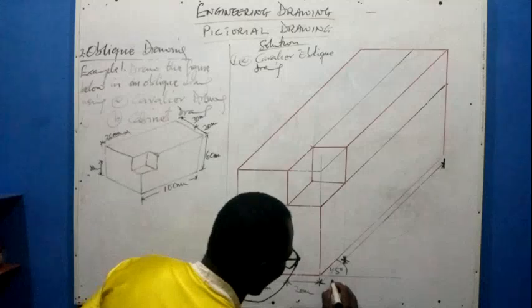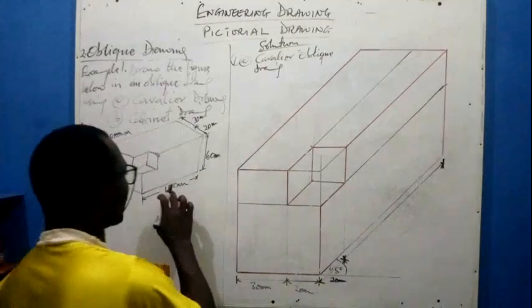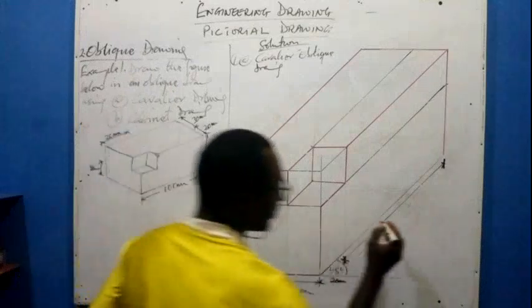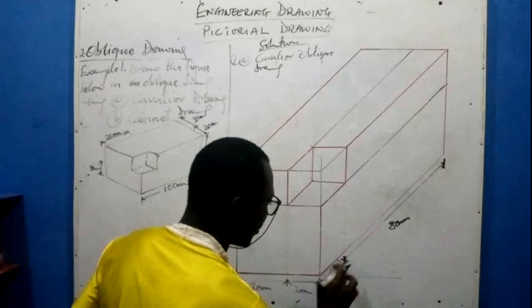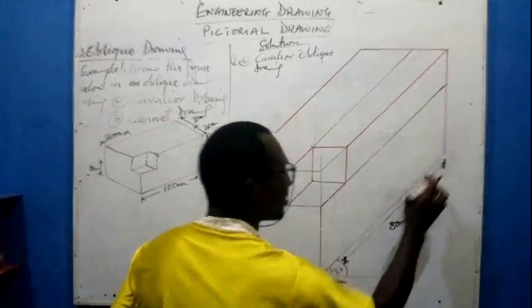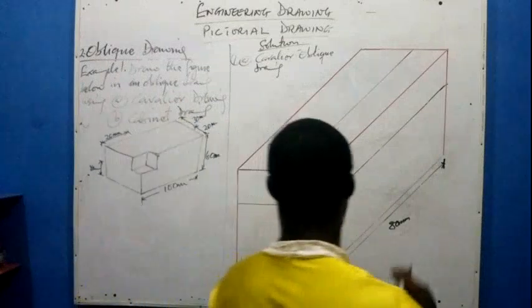Now I have my 20 millimeters, and when you deduct 20 from 100, you are going to get what? 80 millimeters. From here to here is 20, from here to here is 80. When you combine them, you are going to get 100.